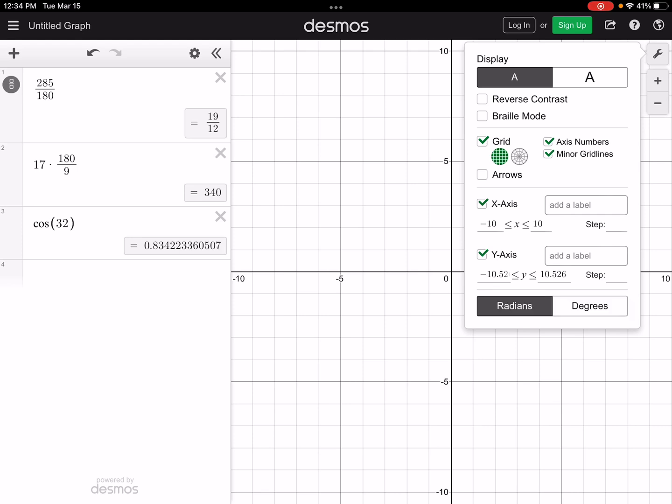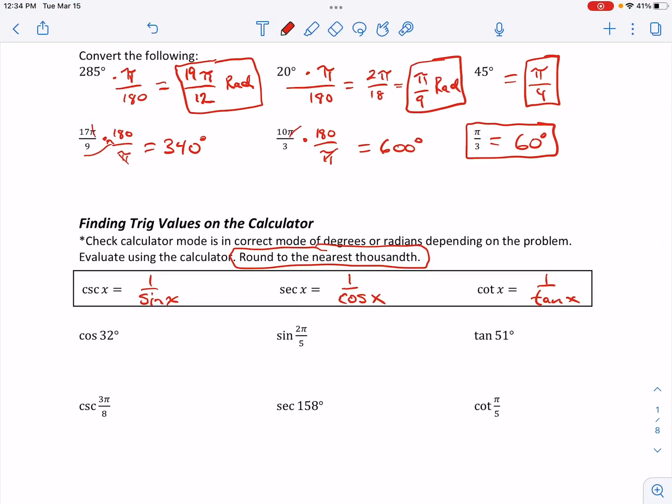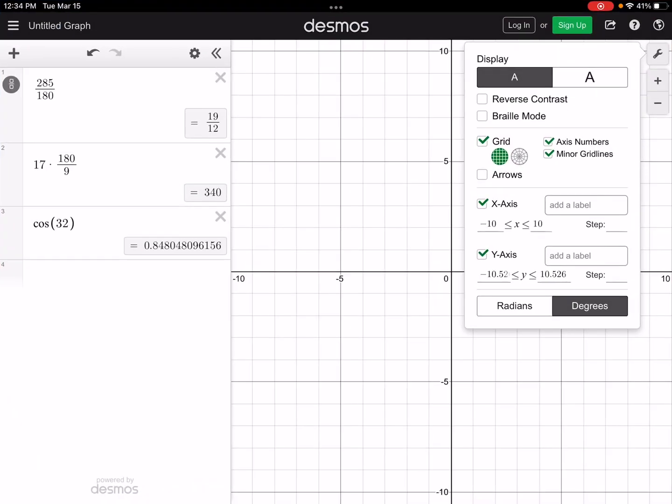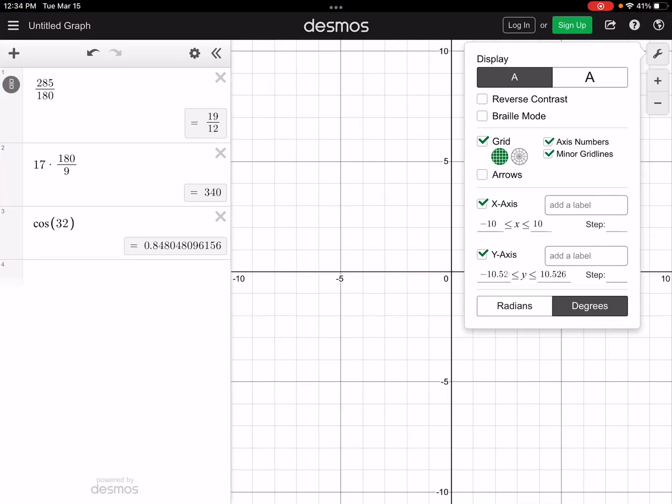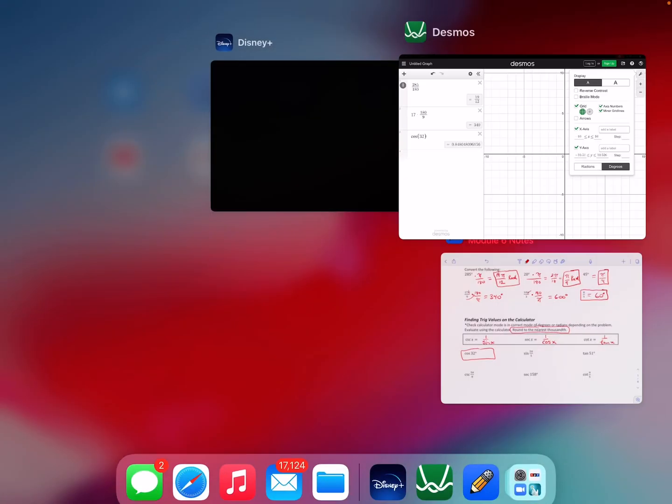In radians, it's 0.834. It's a little different, so make sure you know whether you want it in degrees or radians. In this case, 32 has the little degree symbol, so it's 32 degrees. The problem said nearest thousandth, so that's 3 decimal places, 0.848.